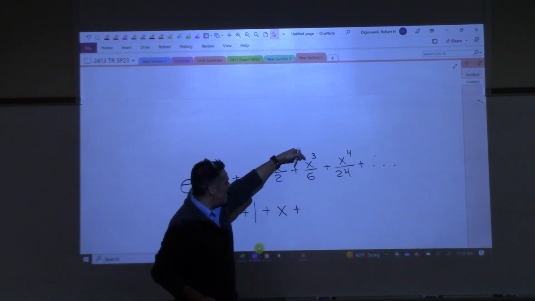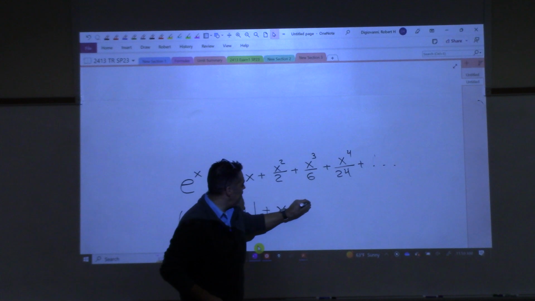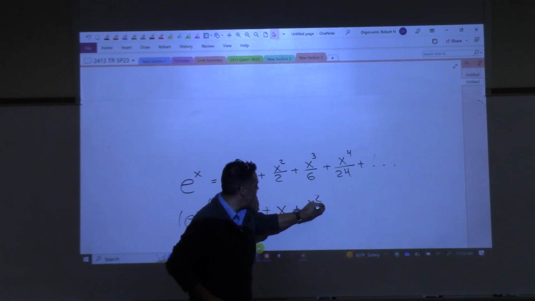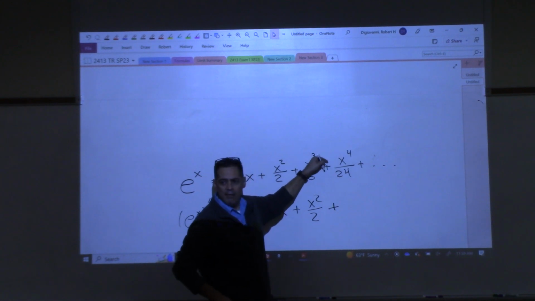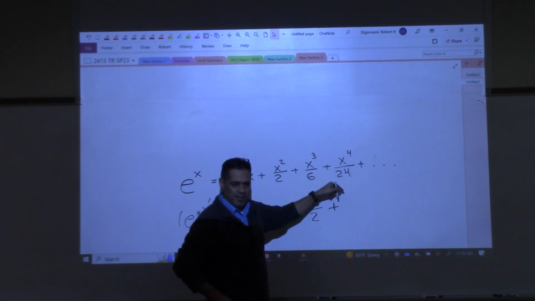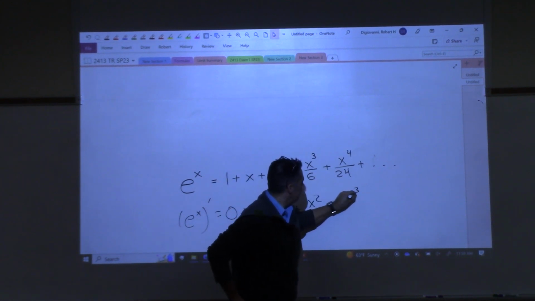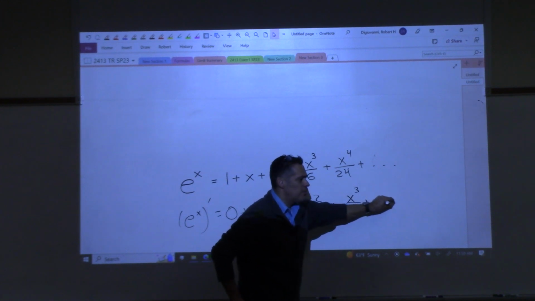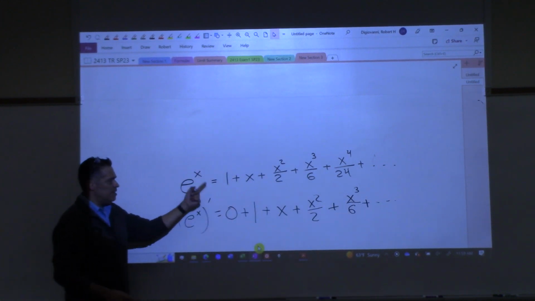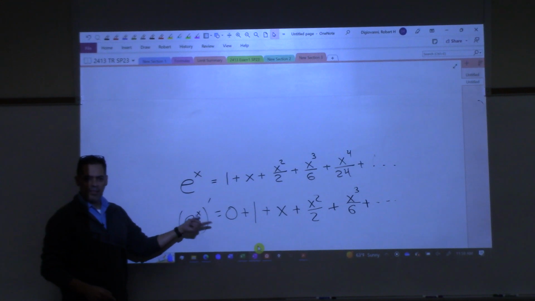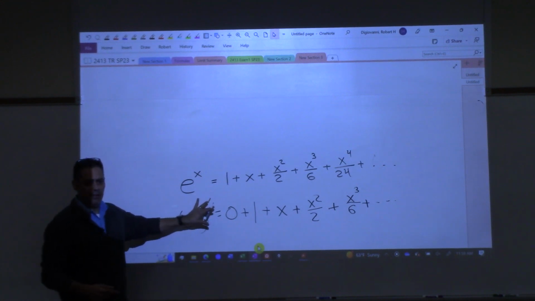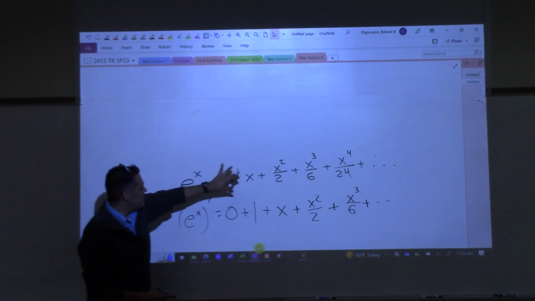Here, the 3 comes out, and we get a half, right? So we get the x squared on top, but now it's over 2. And then the next one, the 4 comes out, reduces out to be 1/6, and we get x cubed over 6. And if we keep doing this forever, do y'all see that these are the same exact things? Yeah. This is the only function that does that, all right? This is the Maclaurin series for e to the x.